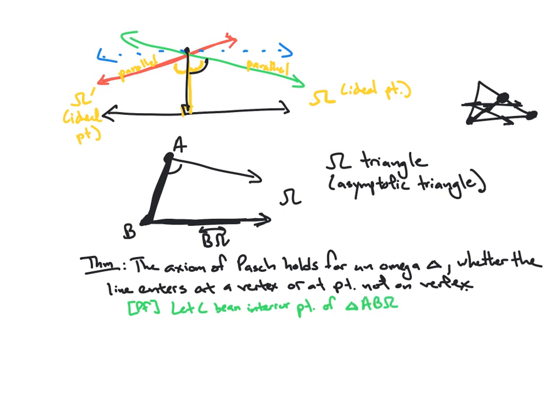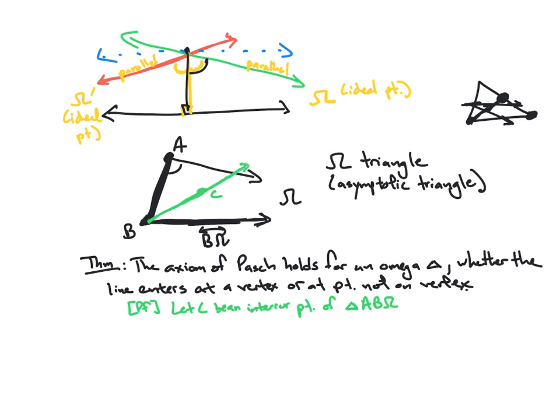Okay, so I'm just considering some point C right here. Now, if we look at this line BC, what we want to show is that BC has to intersect A omega. All right. Okay. So why must it intersect A omega?